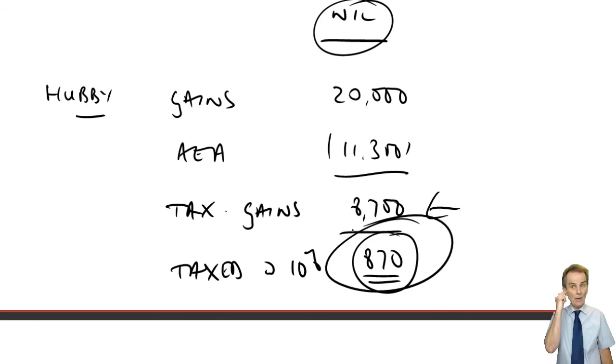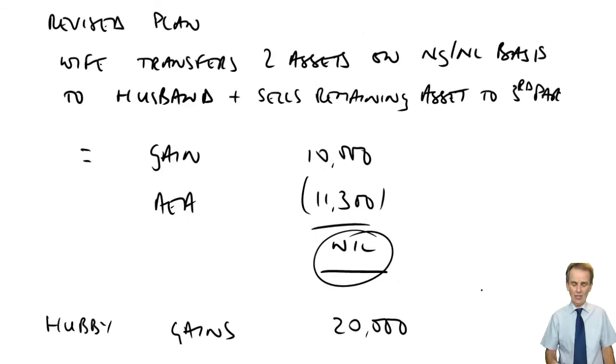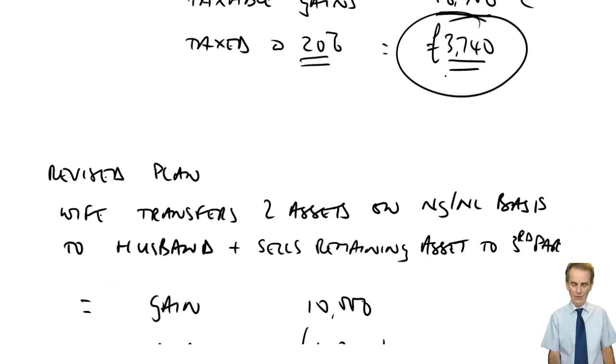So as long as she'd be willing to wait to actually yield that third gain till the next tax year, there's no reason why any tax should be paid, and you could save the entire £3,740. Pretty basic but incredibly important tax planning that we could now advise our clients about.